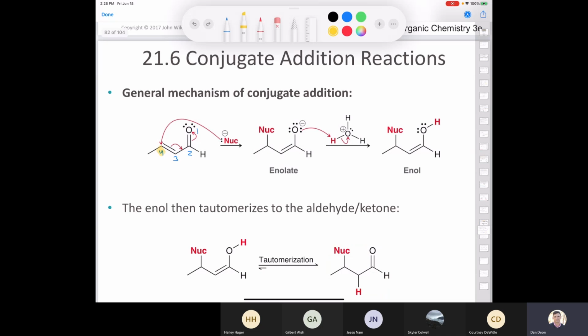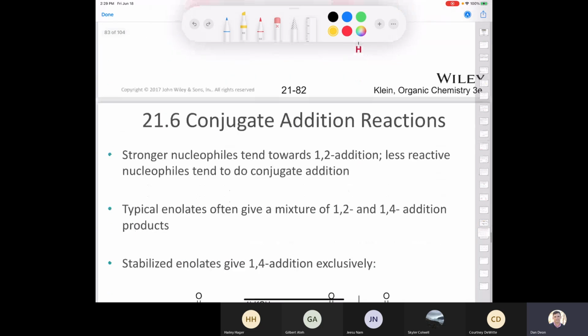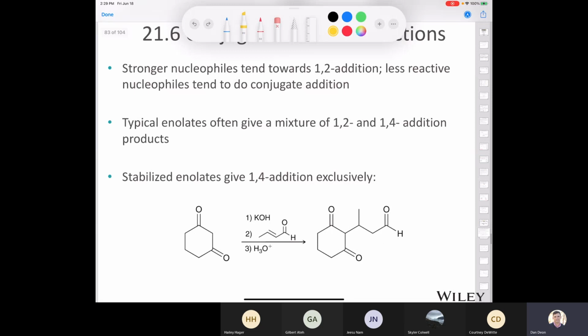So now you can clearly see with this numbering that you've added something at carbon number 4, and you've added something at the oxygen which is labeled number 1. So that's why we call it 1,4 addition. The key is that it undergoes a tautomerization. All right, so 1,4 or conjugate addition. Now remember, I told you we're going to talk a lot about the identity of the nucleophile.